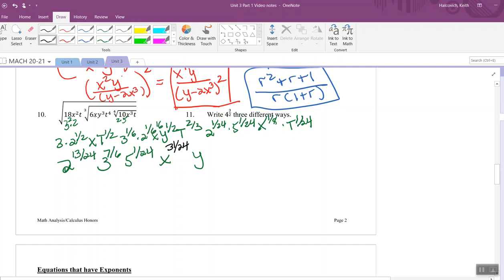The y is 1/2, which is 12 24ths, and that's it, so it's the 1/2. And then t to the 1/2, 2/3 and 1/24th. So it's 16 plus 1 is 17, plus 12 is 29 24ths.